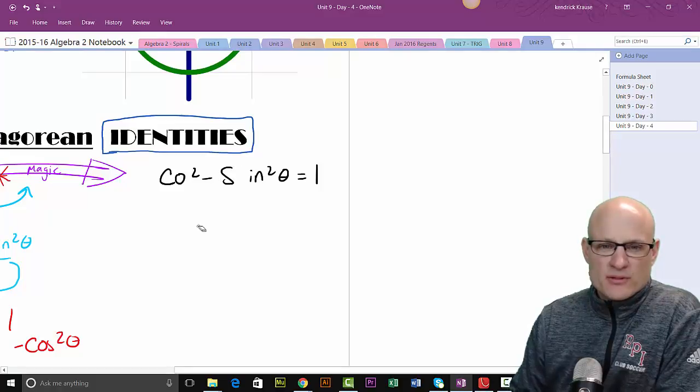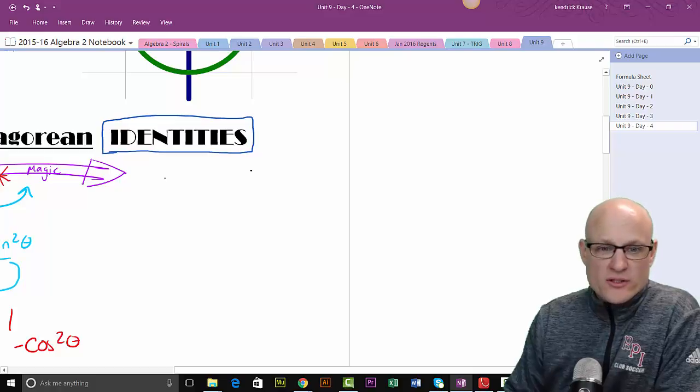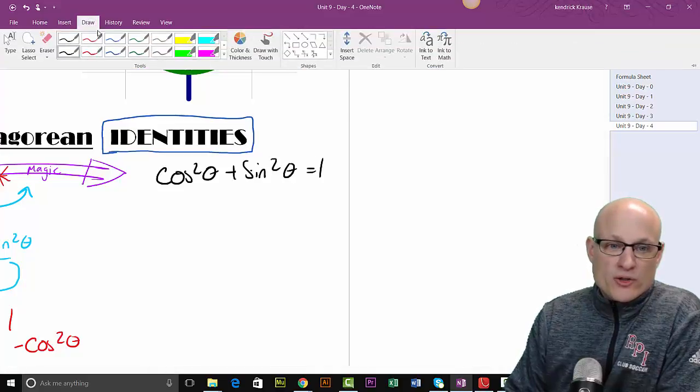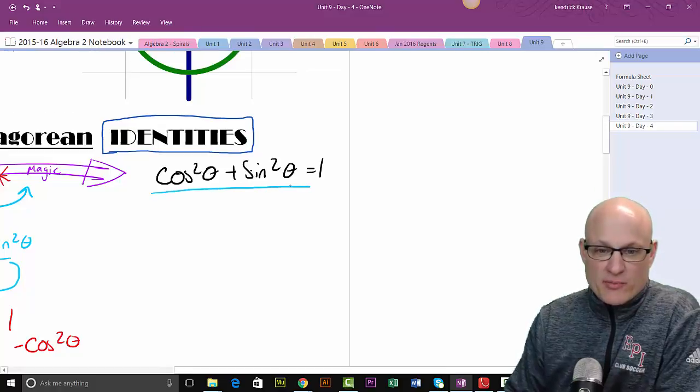Oh, what am I doing? All right. So start over. Start with cosine squared theta plus sine squared theta equals 1. What we're going to do, and if I'd had my blue pen, I probably would have been okay, is divide both sides by cosine squared theta.